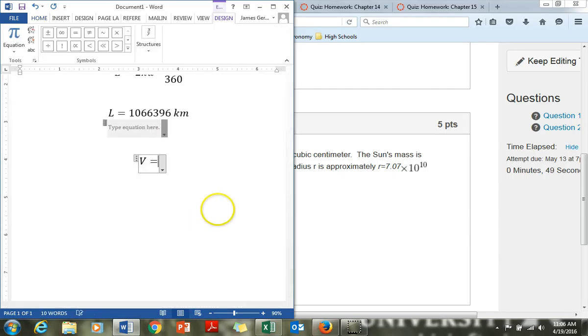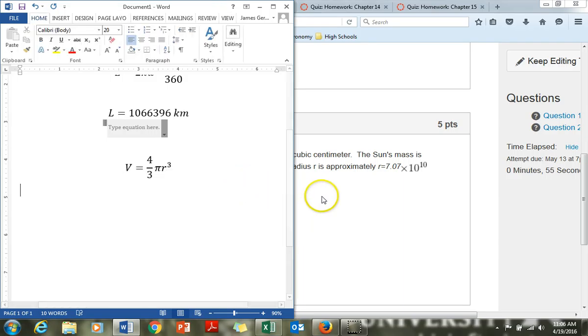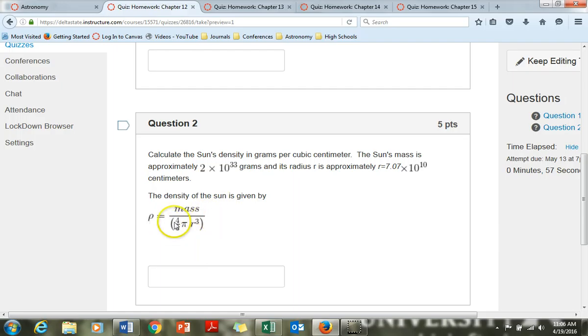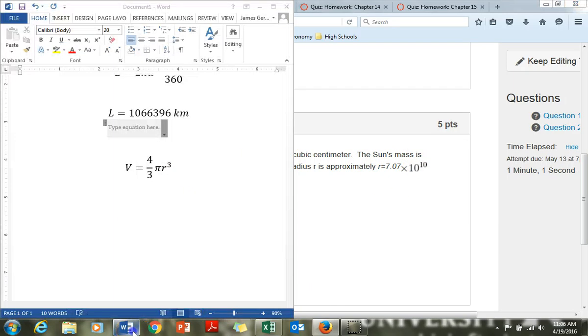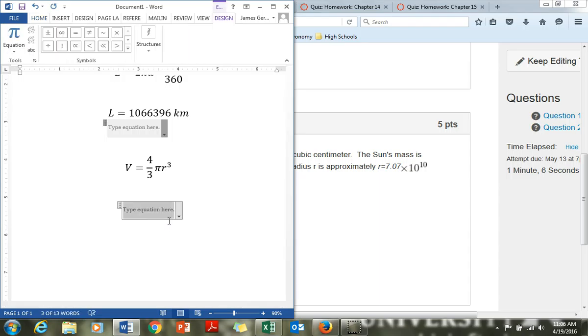So the volume, that's what's on the bottom, is 4/3 pi r cubed. That's the denominator down here. R is 7.07 times 10 to the 10th. So the volume V is 4/3 pi times 7.07 times 10 to the 10th cubed.